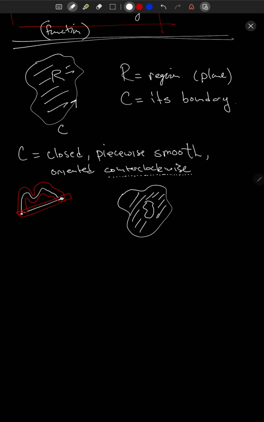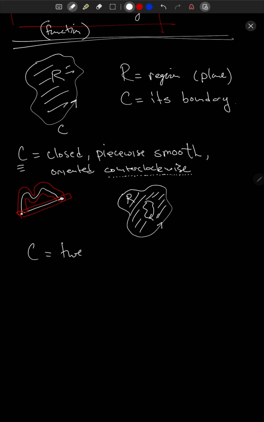So R is this guy right here. In this particular situation, C would have two pieces. One piece is the outer boundary, and it would be oriented in that direction, but the inner boundary would be oriented in the opposite direction.